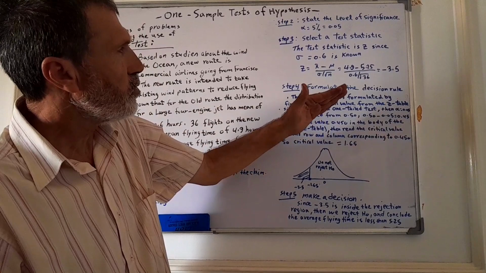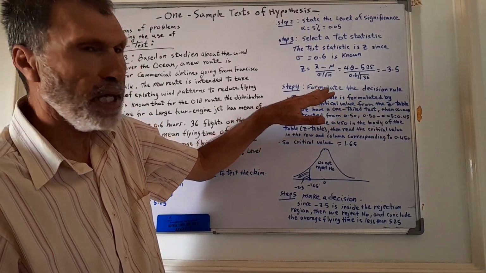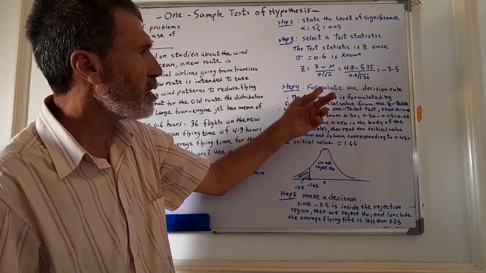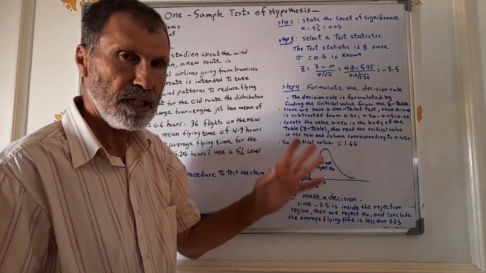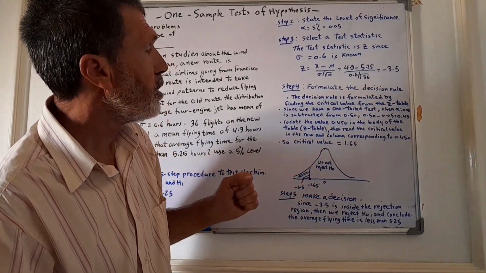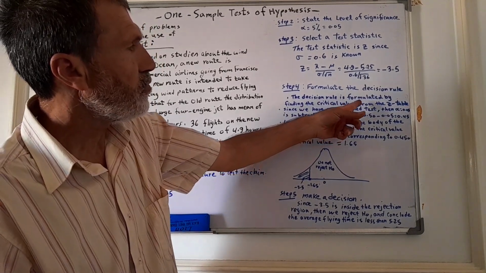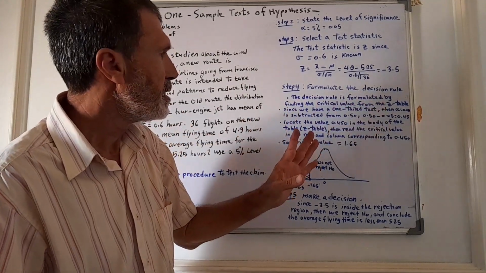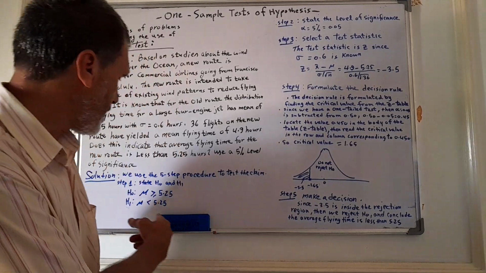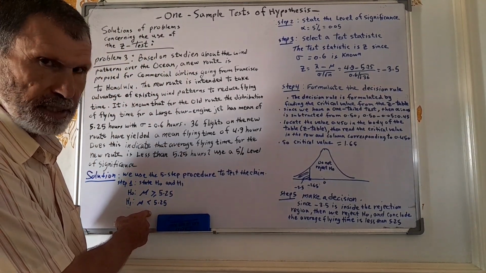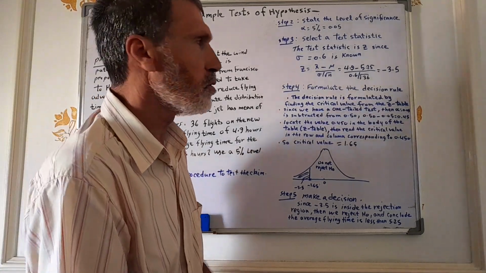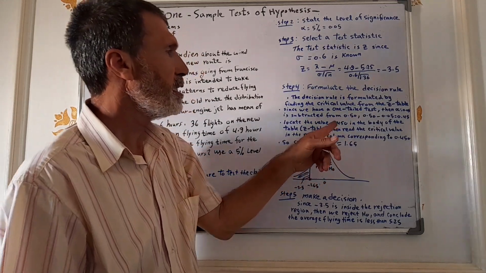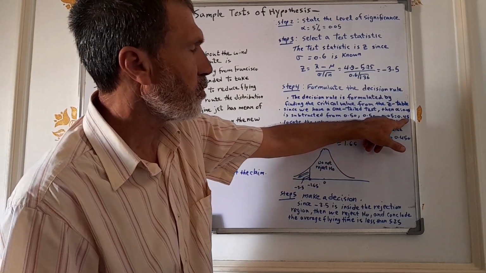Now we move to step 4, formulate the decision rule. The decision rule is formulated by finding the critical value from the Z table. Since we have a one-tail test, we need to subtract 0.05 from 0.5, and we come up with 0.45.